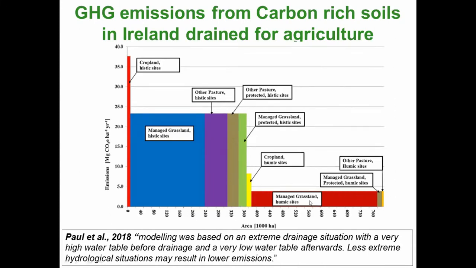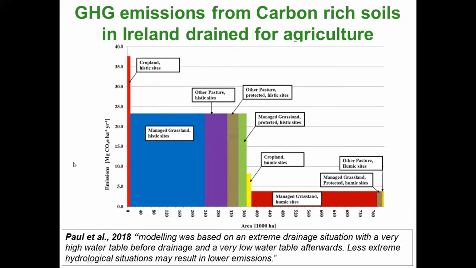So both the area on the bottom in terms of how many hectares, and the emissions that are coming from those soils. So as you can see there's quite a difference in terms of this estimate of what the emissions are from the histic or the organic soils, along this line up along the mid-20s in terms of where it's sitting in the graph, versus the humic soils, a lot lower, obviously, because there's lower organic matter content in those soils.